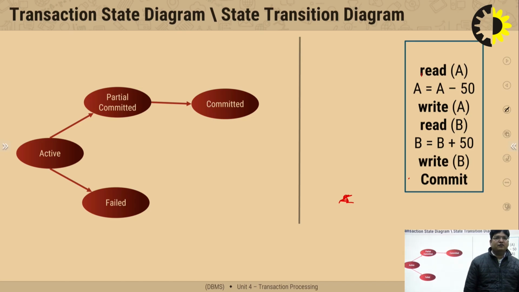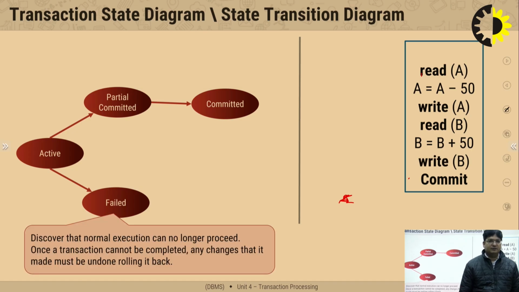Next is failed state. A transaction may enter the failed state from an active state due to various types of failures that occur, either on the part of the transaction or the operating system, or due to any hardware failure, or due to a problem faced by the DBMS.